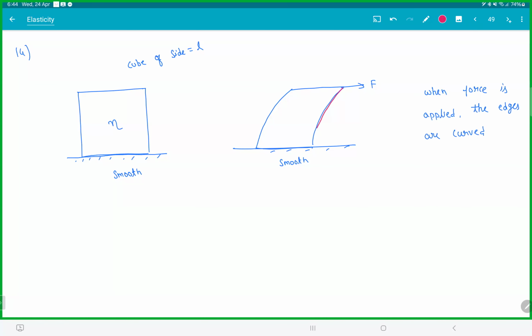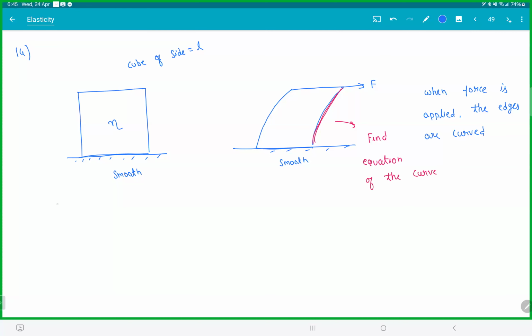So I want you to find the equation of this curve. It will be a very slight curve, but it is curved. It's not a straight line.